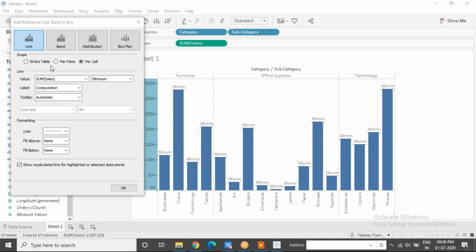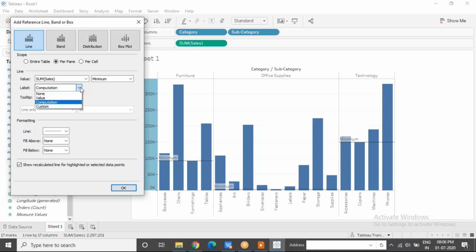But before we get there, let us go back. So you can see I have a pane scoped reference line that is going through the minimum, means minimum per pane. Here furnishings, here fasteners, and under technology side, you can see the minimum is from copiers. So that is a reference line. Next thing we get to choose, after choosing the aggregation, is how do you want to label the line.